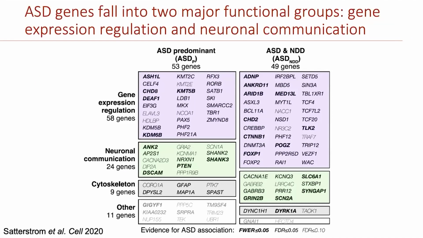When we look at these genes, we find that they tend to have a high degree of functional convergence. So doing a very, very simple analysis, looking at the gene, looking at its function, we find that far and away, the majority of them are gene expression regulators.